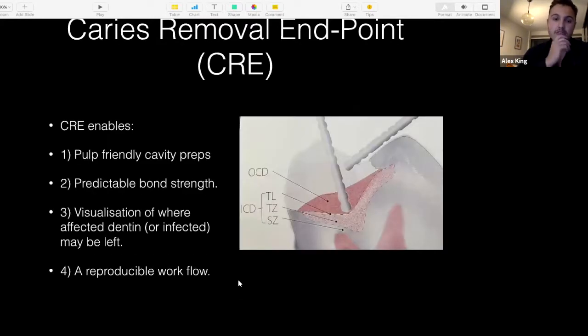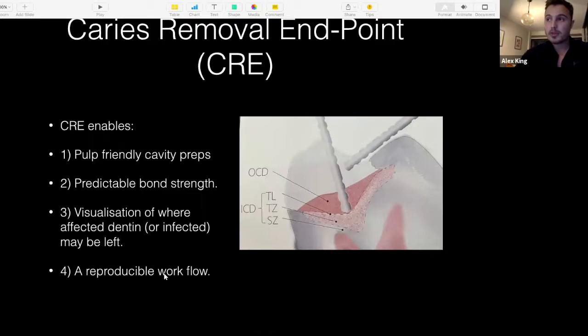The caries removal endpoint first of all enables pulp-friendly cavity preps and predictable bond strength, because we know exactly where we're leaving either infected or affected carious dentine. So we're predictably selecting if we're going to leave an area which might have a lower 15 megapascal bond strength. It also visualizes where we can seal in the decay we're leaving, and it's a reproducible workflow.